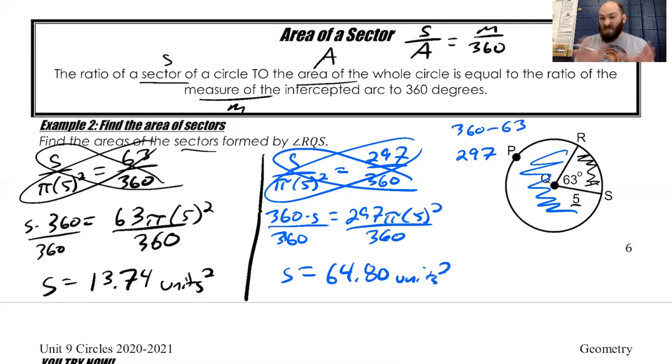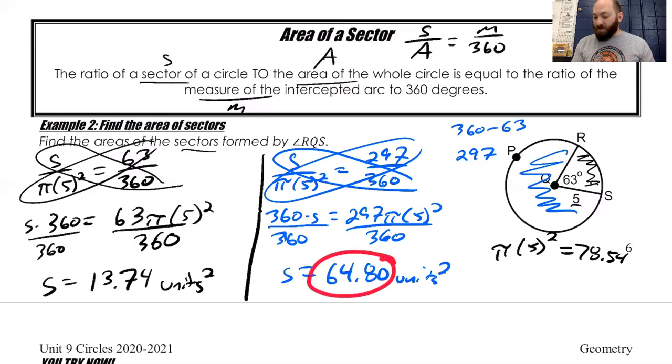Okay? Just for the fun of it, let's take a look at what pi times 5 squared is. If I do pi times 5 squared, that's going to be the area of the circle. So pi 5 squared comes out as 78.54. Well, what happens when you add this and this together?